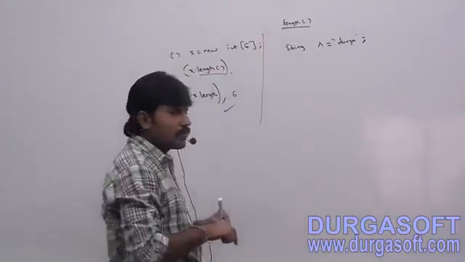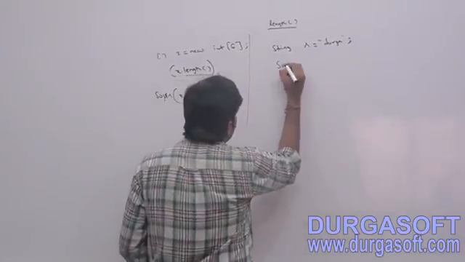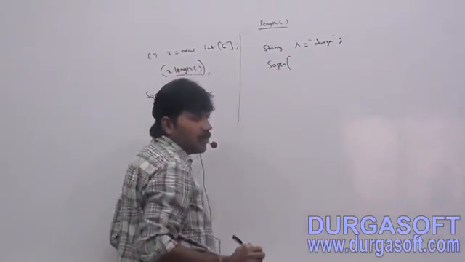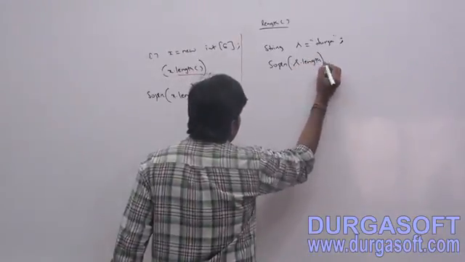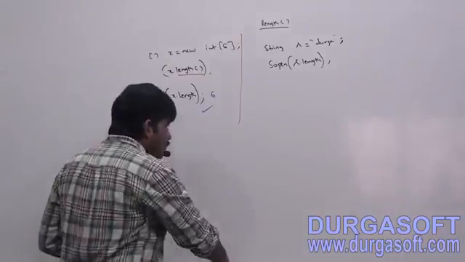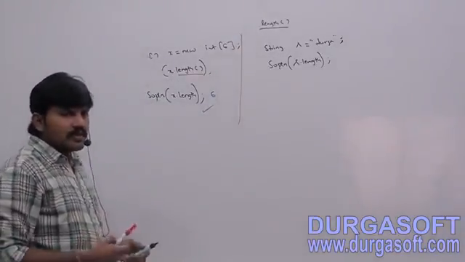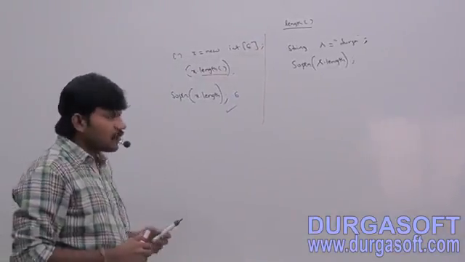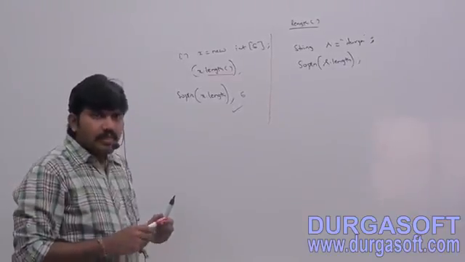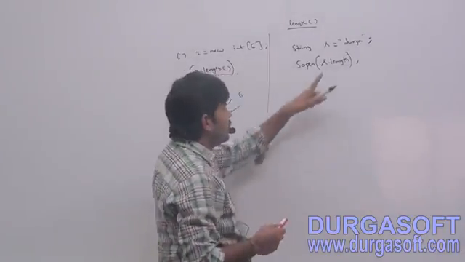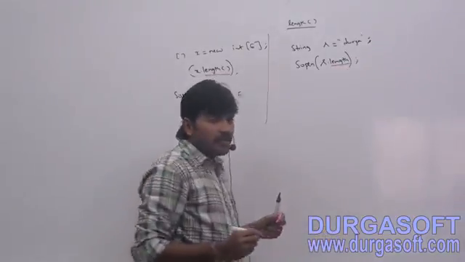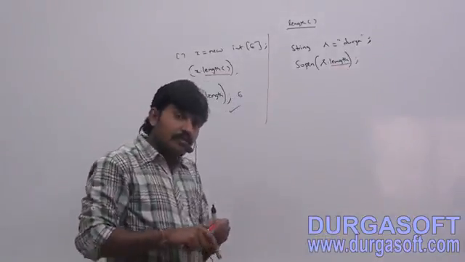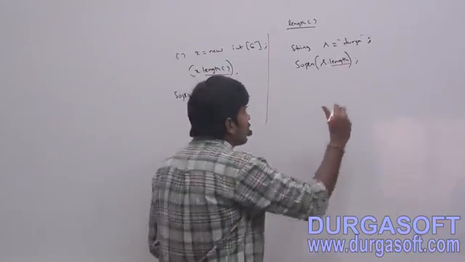System.out.println SOP of s dot length. Sir, can you tell what the answer is? What is the length? S dot length, what is the answer? Don't think too much, man. Length variable is not applicable for string. Length method is applicable. Length variable is not applicable.